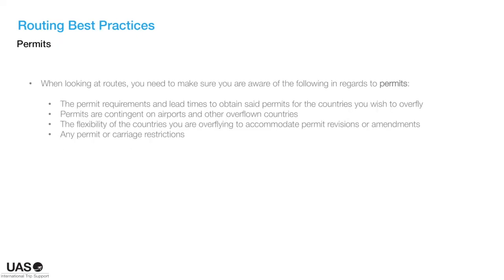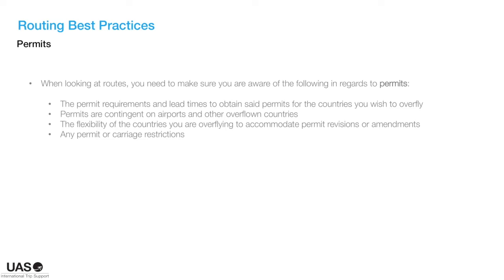The following things are important to consider when you're dealing with overflight and landing permits. First and foremost, you need to know if they're required for your type of flight, because each country has different rules and regulations based on the type of flight, whether it be private non-revenue or non-scheduled commercial or scheduled commercial or what have you. You're going to need to know the lead times that are required to get that permit as well.